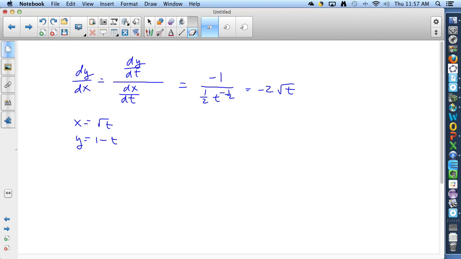So if you wanted this one in terms of x, you could say the derivative is negative 2x. Well, that makes sense, because remember when we eliminated the parameter, the function was y equals 1 minus x squared. So doesn't it make sense that the derivative in terms of x is negative 2x? It does.